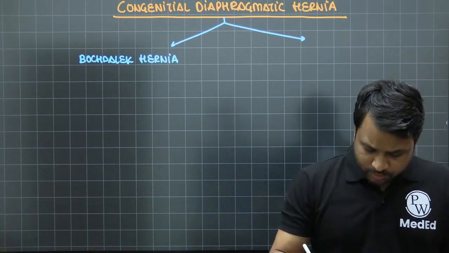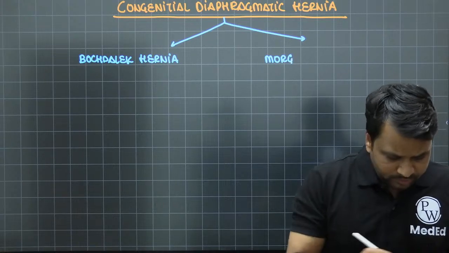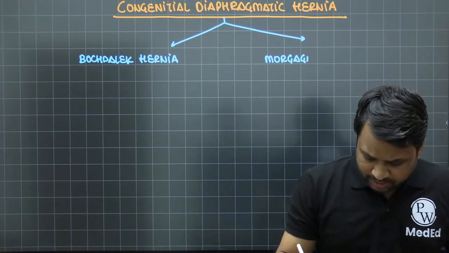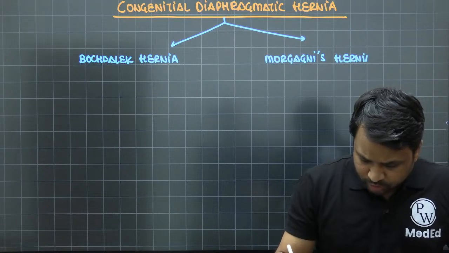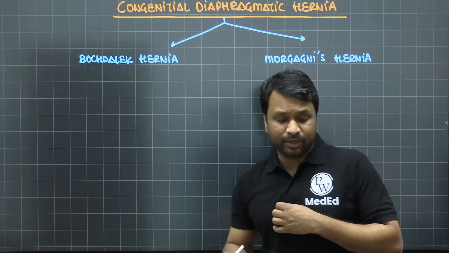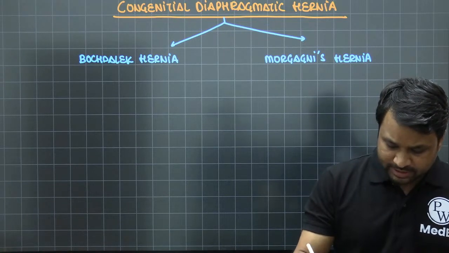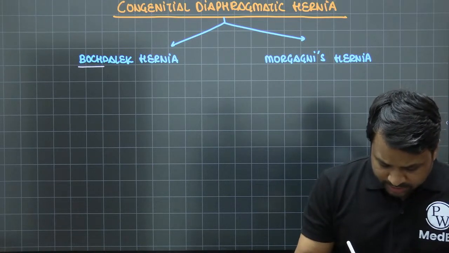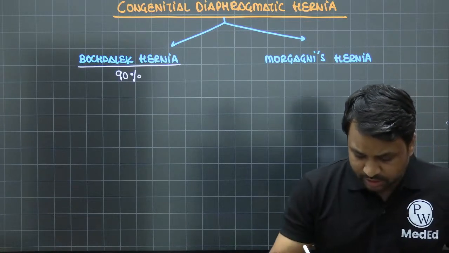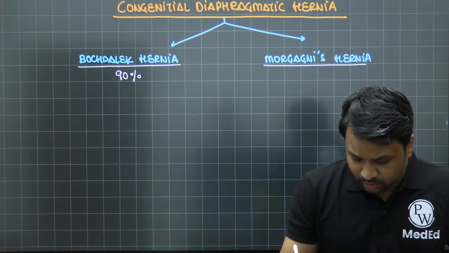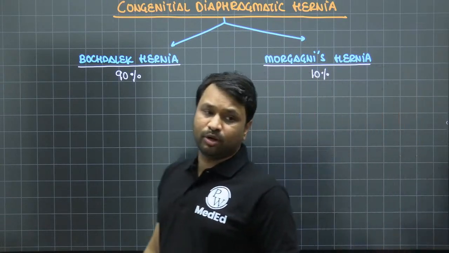Let's talk about the Bochdalek hernia in comparison with Morgagni's hernia. Both are congenital diaphragmatic hernias, but among the two disorders we are addressing here, Bochdalek hernia is far more common. 90% of congenital diaphragmatic hernias are Bochdalek, and only 10% are Morgagni's hernia.